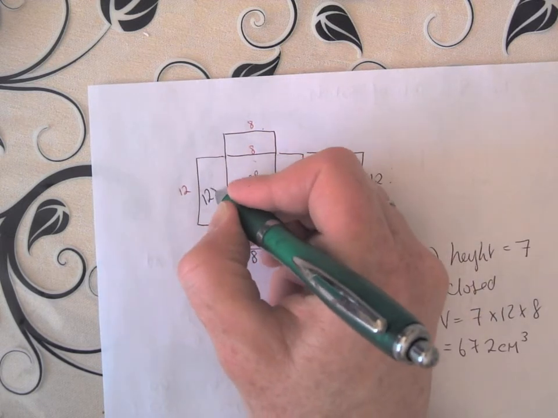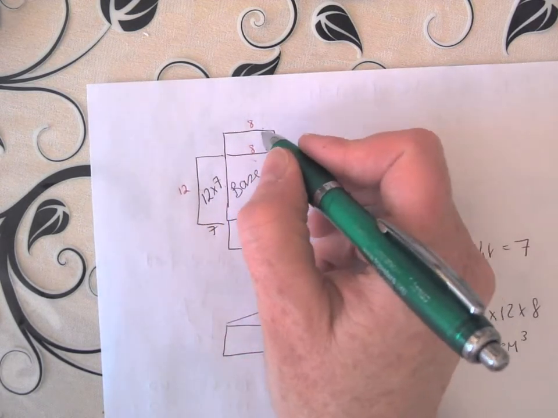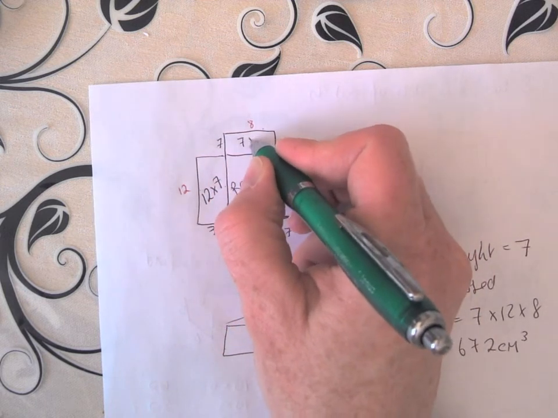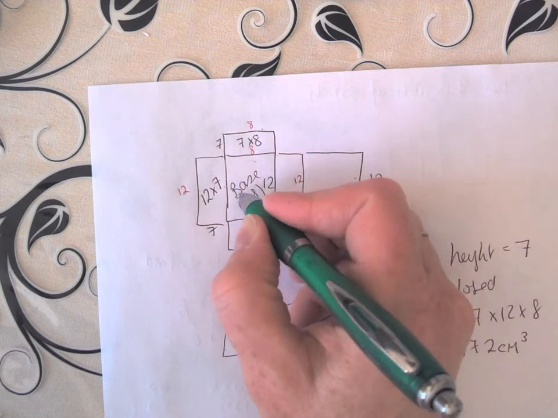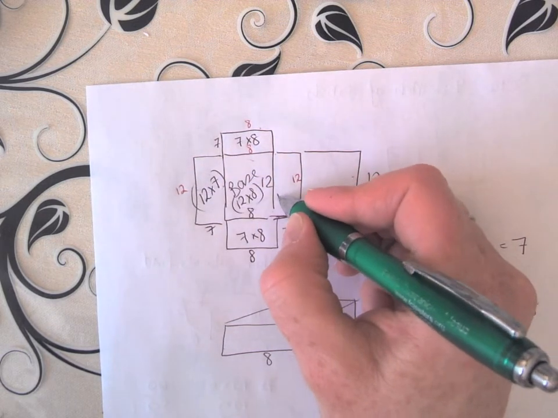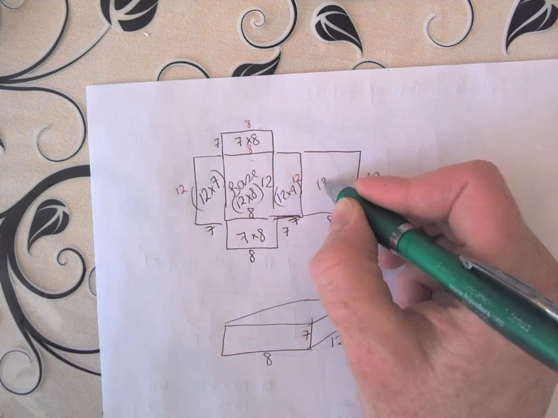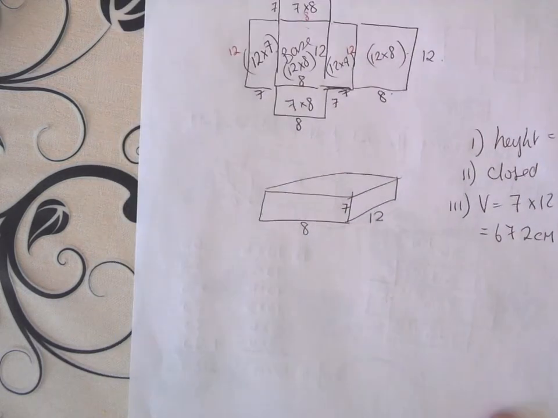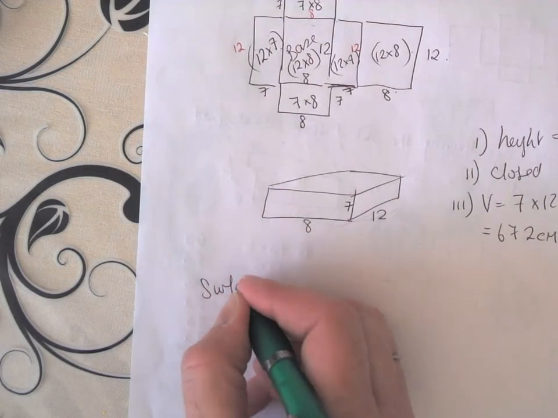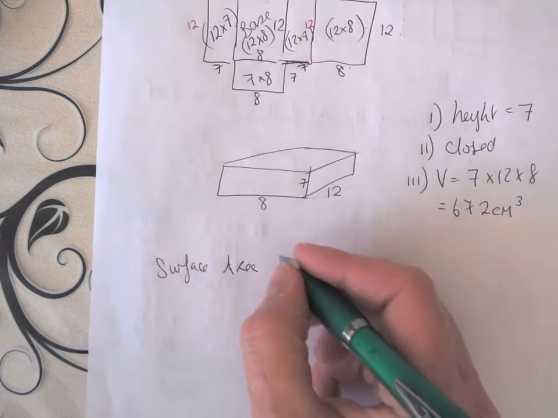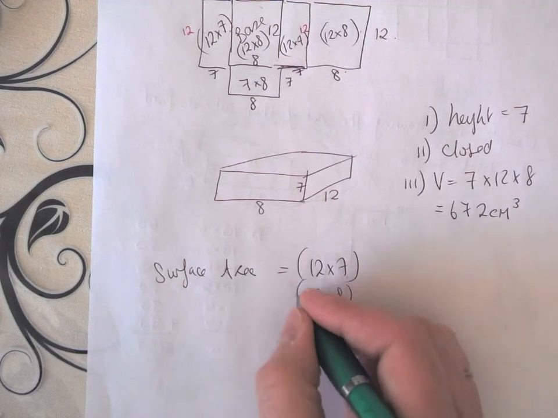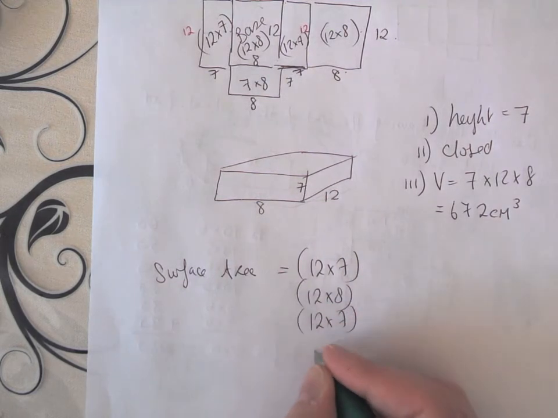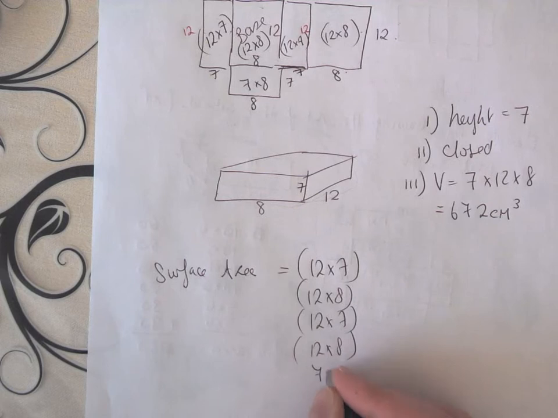So this bit is 12 by 7, this bit is 7 by 8, 7 by 8, 12 by 8, 12 by 7, and 12 by 8. So your surface area is equal to 12 by 7, 12 by 8, 12 by 7, 12 by 8, 7 by 8, 7 by 8.